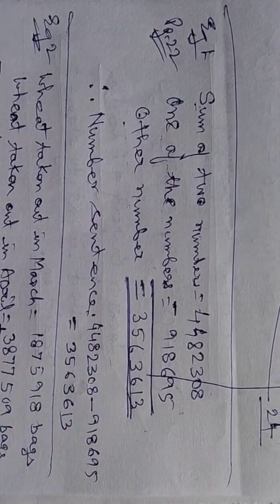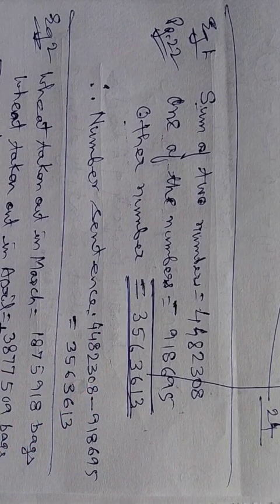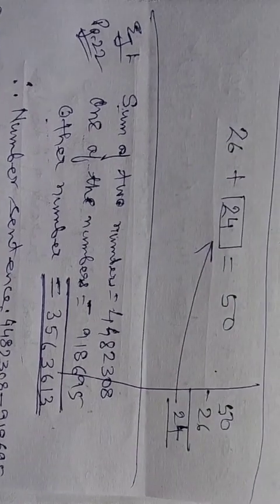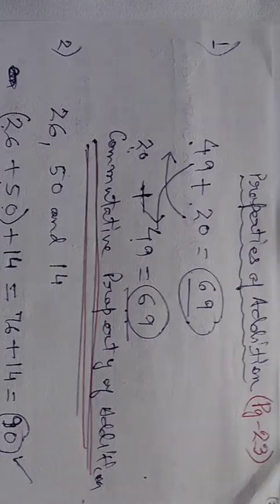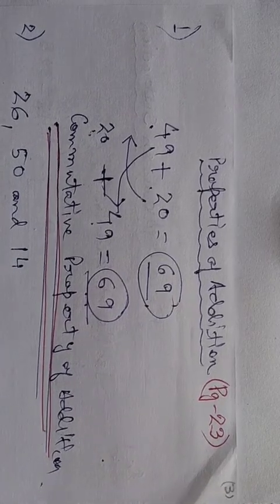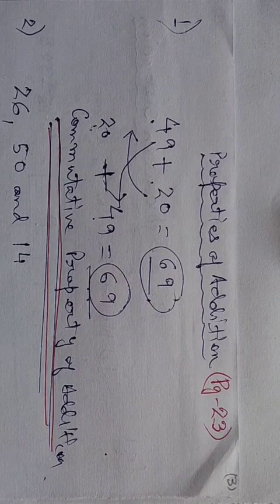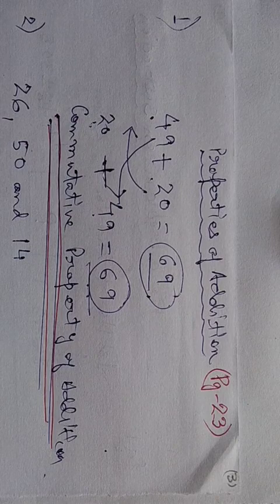Okay, children. Now, children, let us try to understand page number 23, that is properties of addition, children. Properties of addition is given on page number 23, children. First property, look everybody, the sum of two numbers does not change when we change their order.